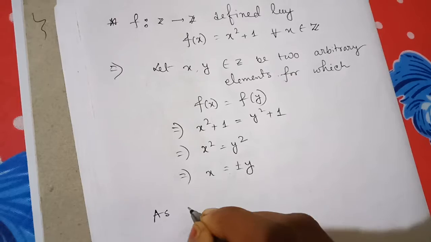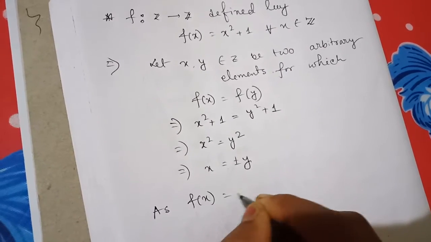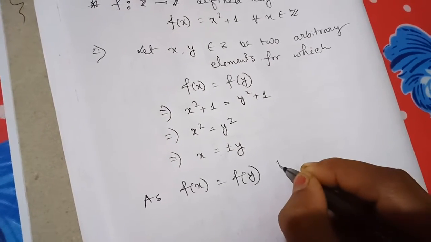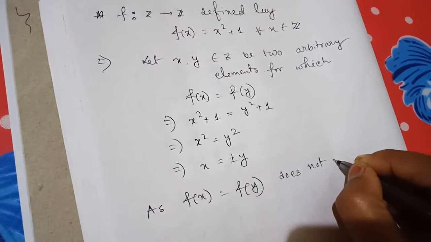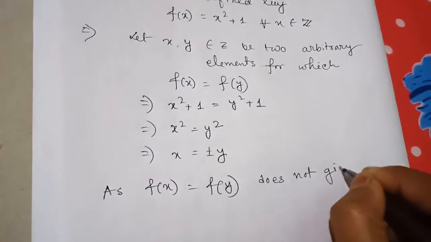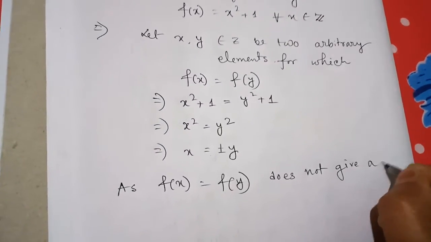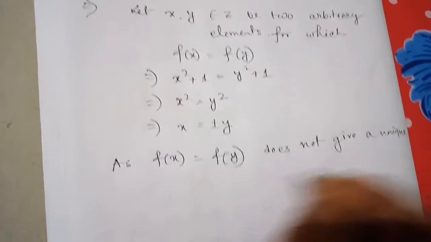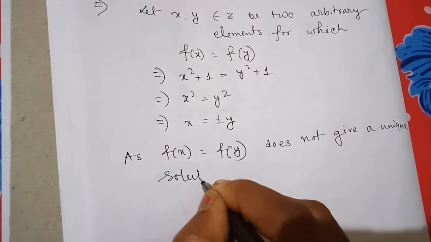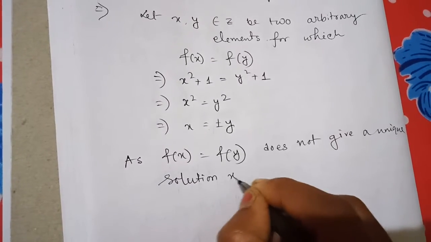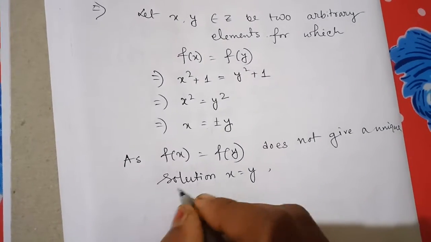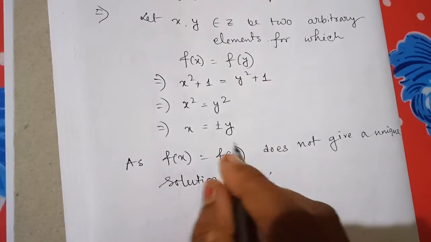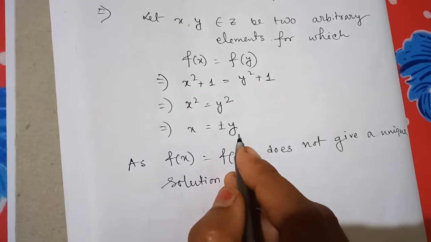As f of x equals f of y does not give a unique solution, x equals y. The unique solution must be x equals y, not x equals plus or minus y.